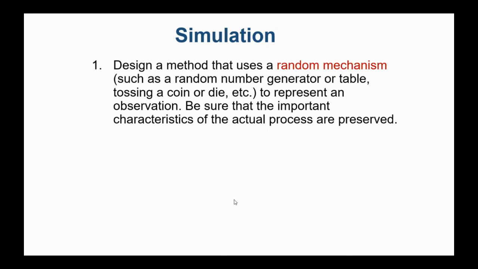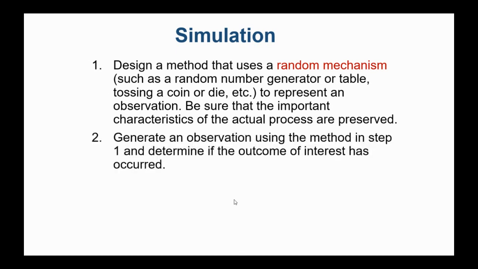It wouldn't be practical to roll a dice and say there's 6 different options. Now you could roll a dice and say an even number versus an odd number, boy or girl. But to say there's 6 different possibilities, no, there's only 2, boy or girl. So make sure you keep those important characteristics in place.